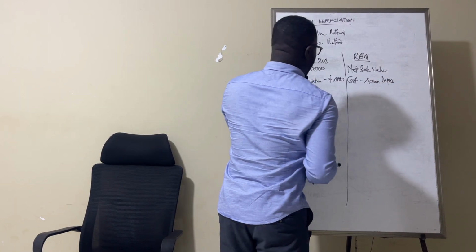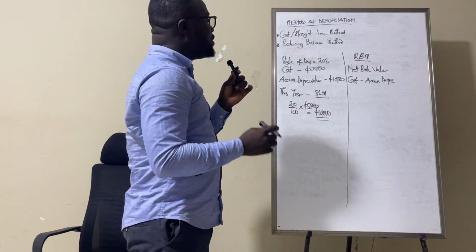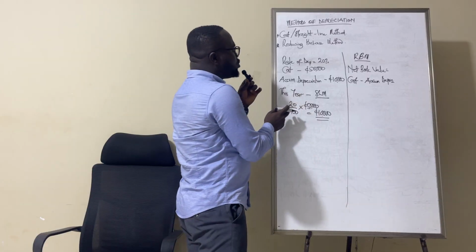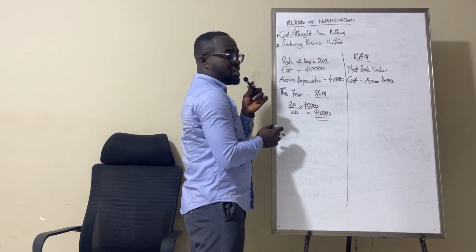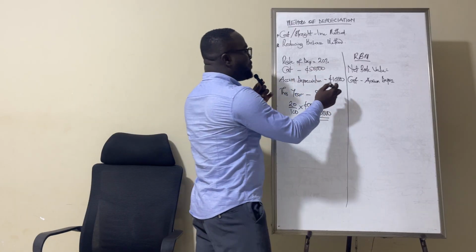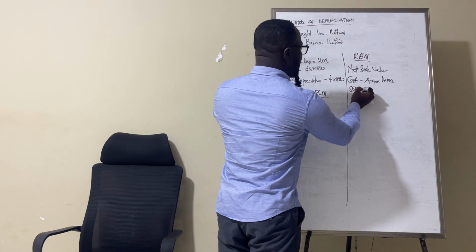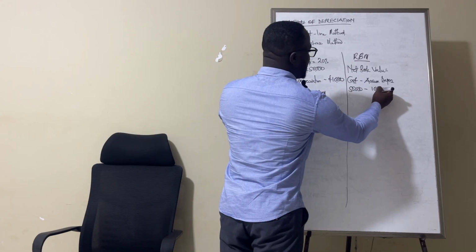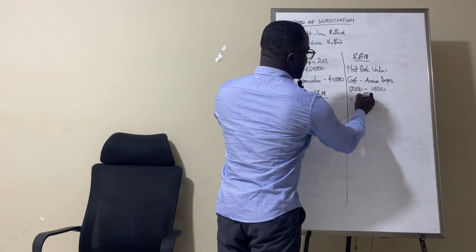So for you to compute for depreciation under the reducing balance method, you first of all have to go and deduct the previous year's depreciation, known as accumulated depreciation, from the cost before you can get the carrying amount to apply the rate of depreciation on. 50,000 minus 10,000 will give us 40,000.